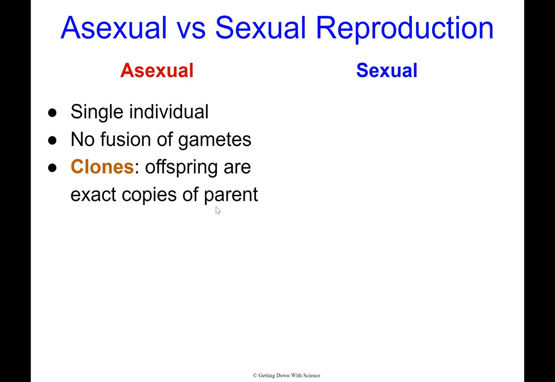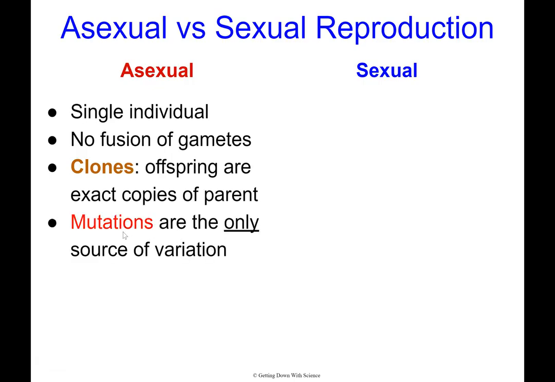I say for the most part because we learned about it when we talked about mitosis, how even when we go through this process, there could be slight errors or changes in DNA. And so those changes could ultimately lead to a slight variation, but for the most part, they are clones. Mutations, like I was just talking about, are going to be the only source of variation.